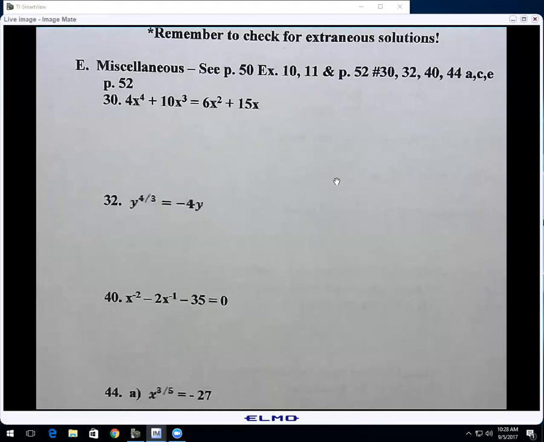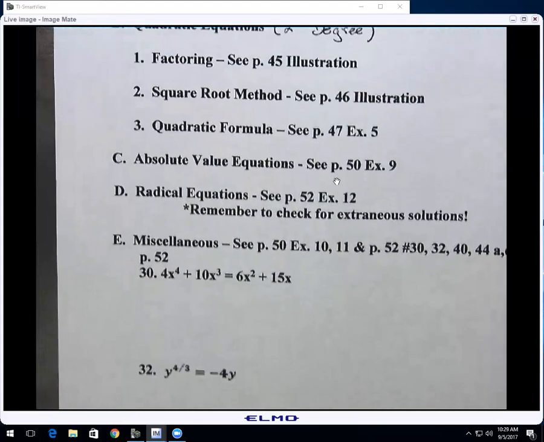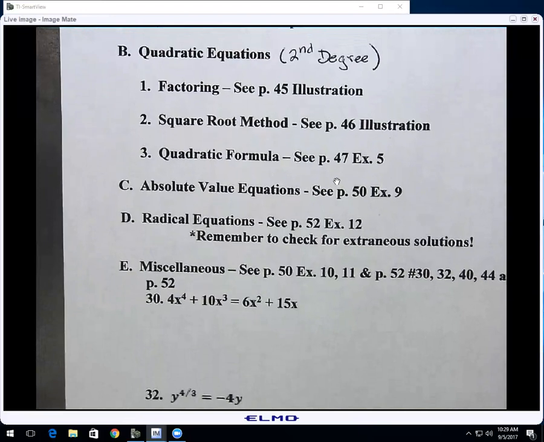What sometimes works with quadratic equations? Factoring. Factoring sometimes works with quadratic equations. Sometimes factoring doesn't work, and then we usually have to end up using the quadratic formula.